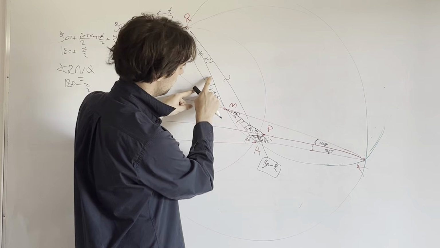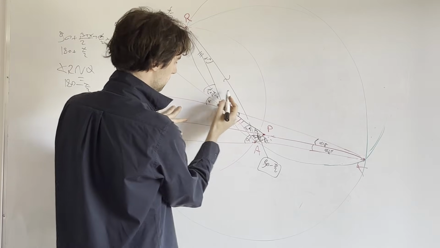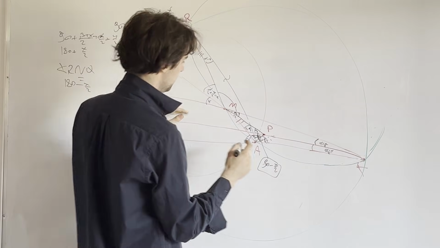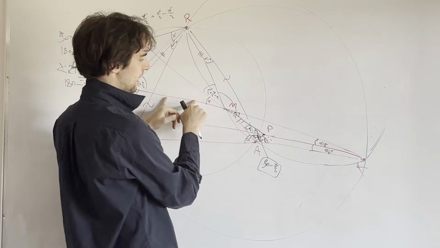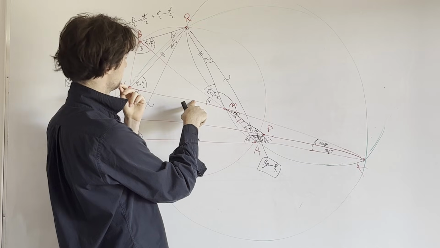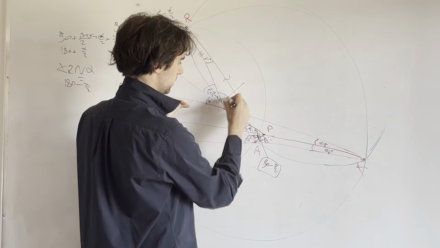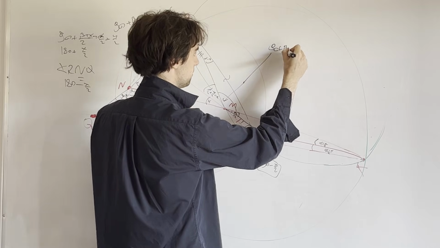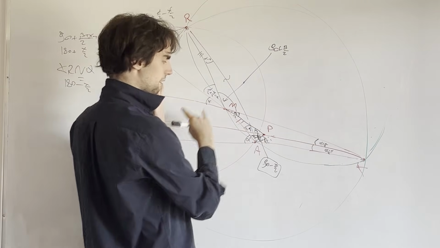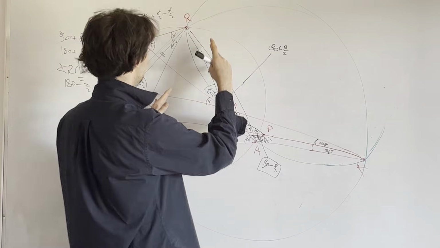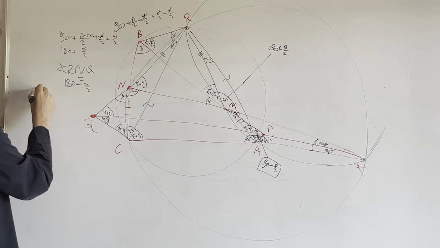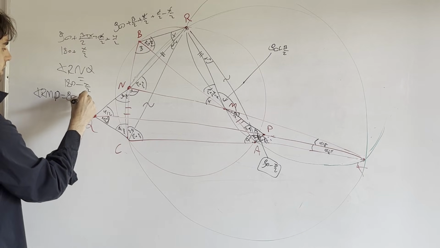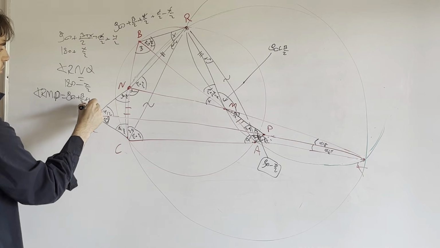I have RMP here. RMK is what I need. And so RMP, this is alpha half plus gamma half. So this angle over here is going to be equal to 90 plus beta half. Right, because I need alpha half plus gamma half, and I need 90 plus beta half, so R and P doesn't quite add up. So R and P is then 90 plus beta half plus x over 2.